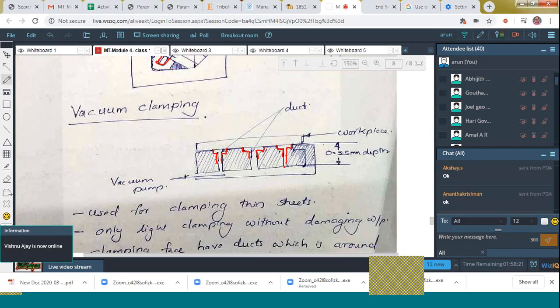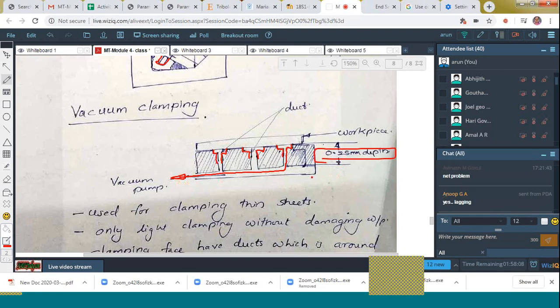These ducts are connected to a vacuum pump like this. The maximum depth of this duct is how much? 0.25 millimeter depth. When it is connected to this vacuum pump, what happens to the material which is placed on the surface of this duct? Will be pushed down. Am I right? Will be pulled inside, right?